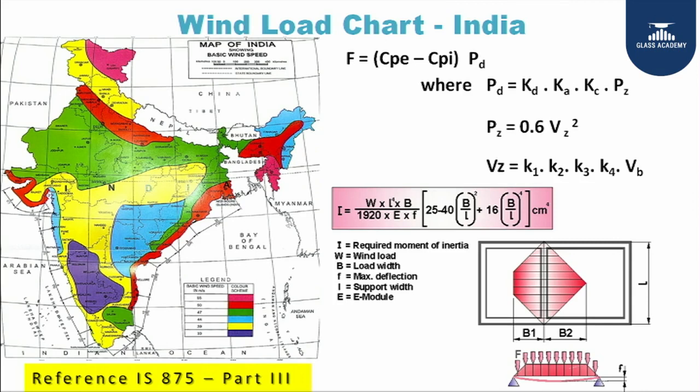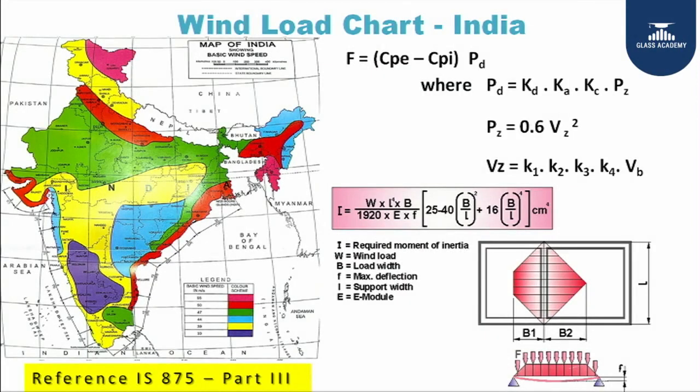You also need to understand that wind loads are defined for a basic height of 10 meters, and we call it the basic wind speed. As we move up the building from 10 meters to 20 or 50 or 100, the wind speeds or wind loads also change. To calculate those wind loads, you have to go through the standards and understand various factors like K1, K2, K3, K4, which need to be factored in, and then you can get the wind loads.